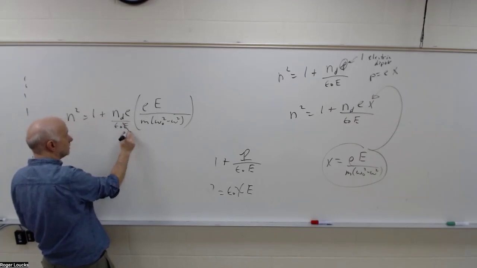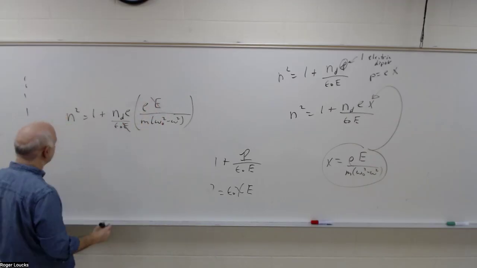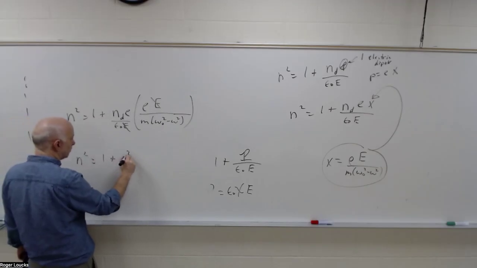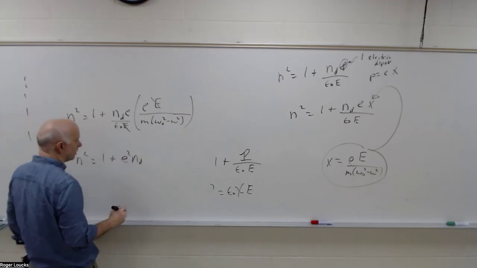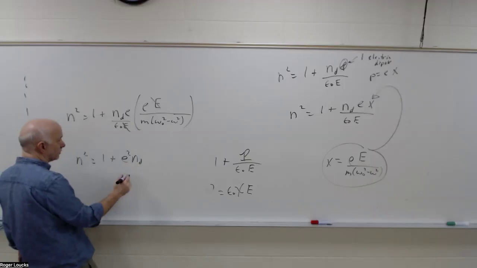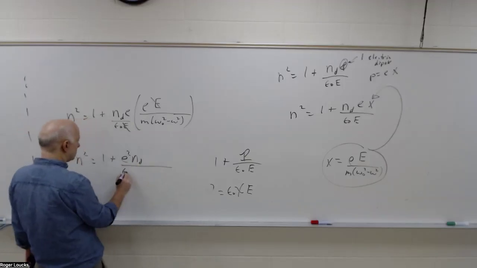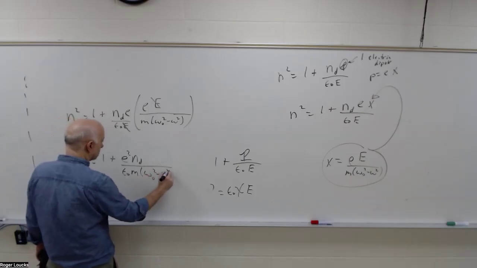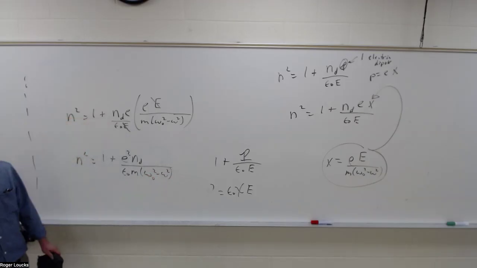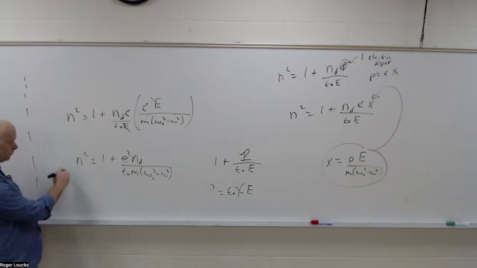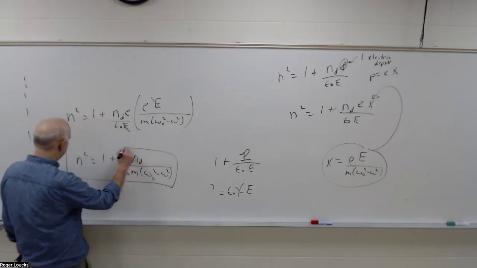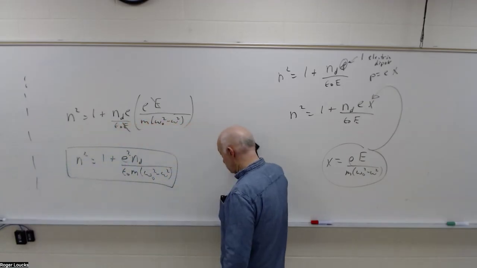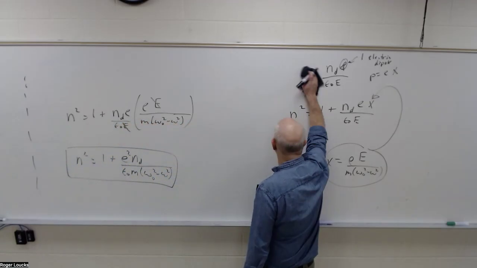The e's go out, and what I'm left with is n squared equals 1 plus e squared, the number of dipoles per unit volume, over epsilon naught m, times omega naught squared minus omega squared. Boom. So is that another way to write it? Yes. So this is actually dispersion.